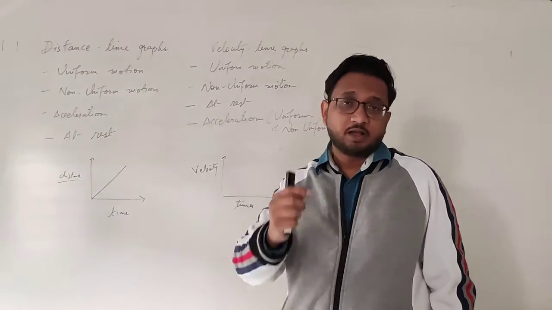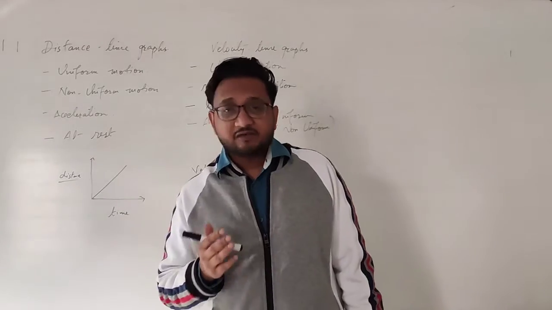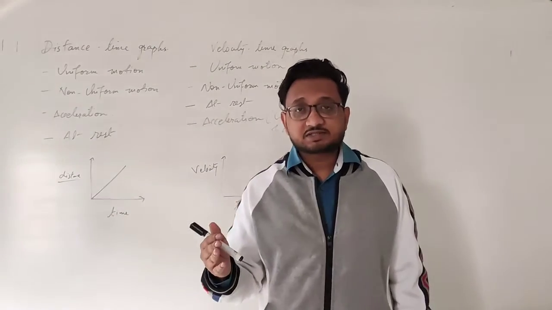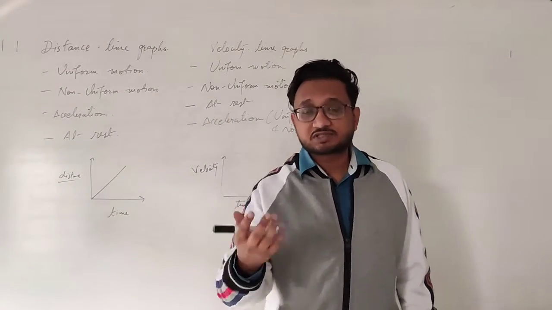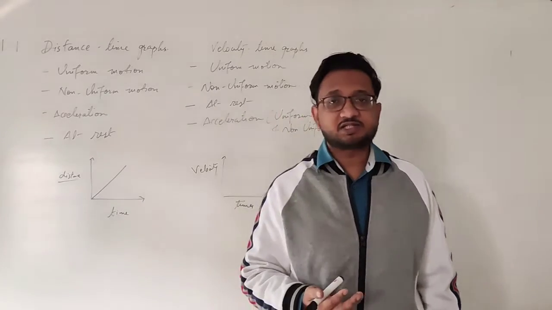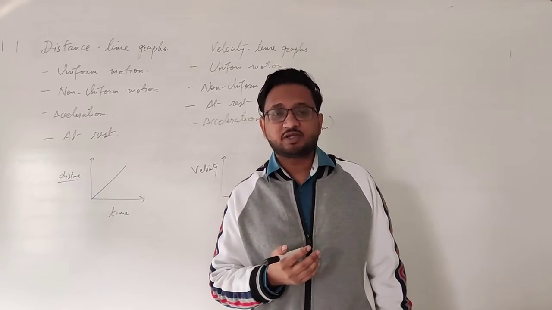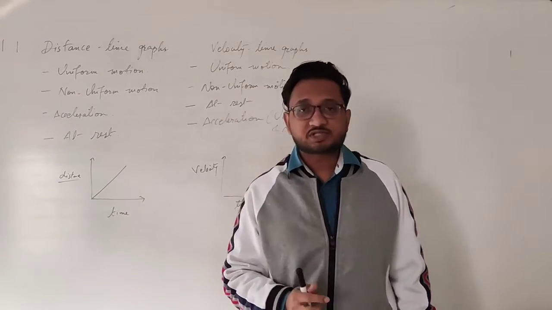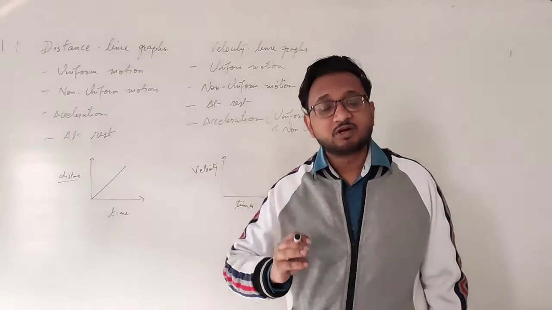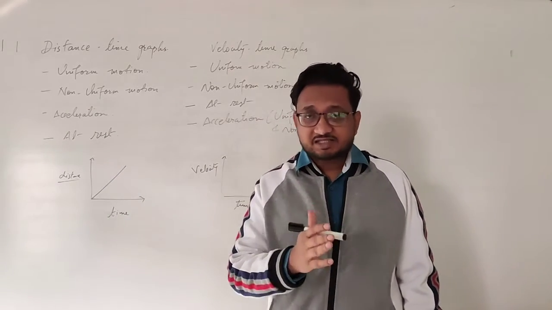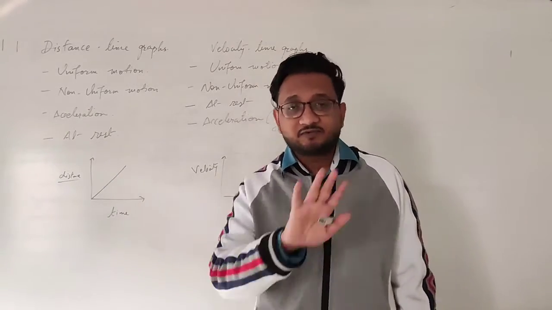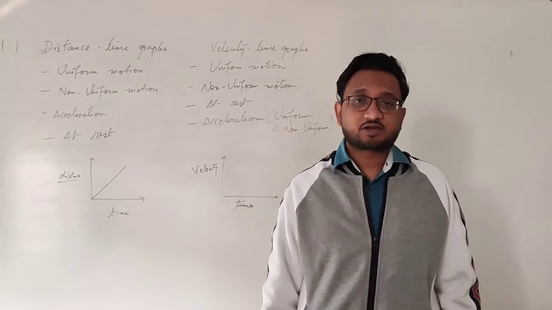The other thing is, if the object is covering equal distance, that means it has constant velocity. It is not changing. The object moving in uniform motion has uniform speed or uniform velocity. That means as the time increases, the velocity does not change.